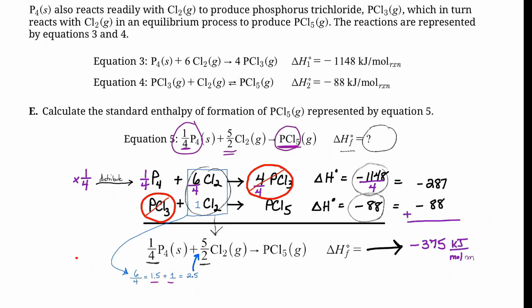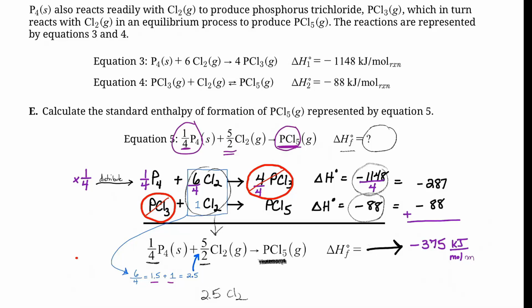The 5/2 is strange, but think of it as 2.5 Cl2s. You might be asking, why do they do that? Because you don't want to write 2.5, and in essence, you really can't have 2.5 chlorines, but they will do that to express the lowest whole number ratio of a product when you write a heat of formation.